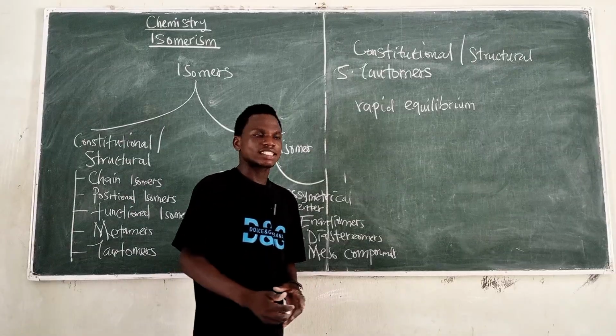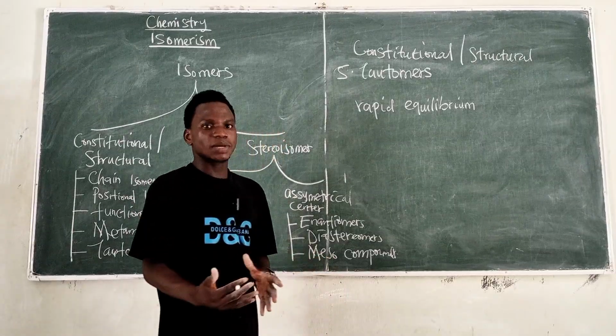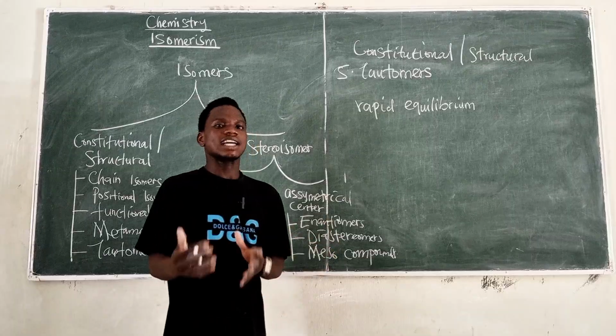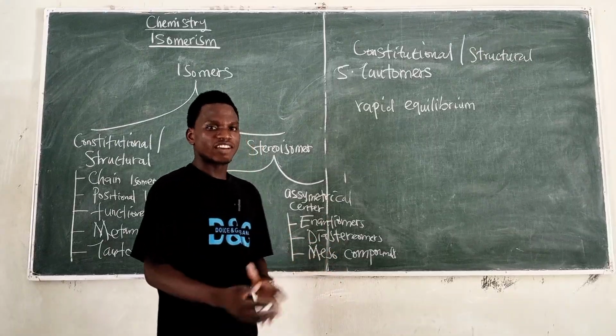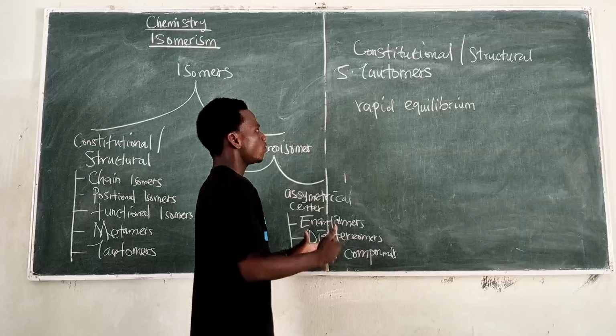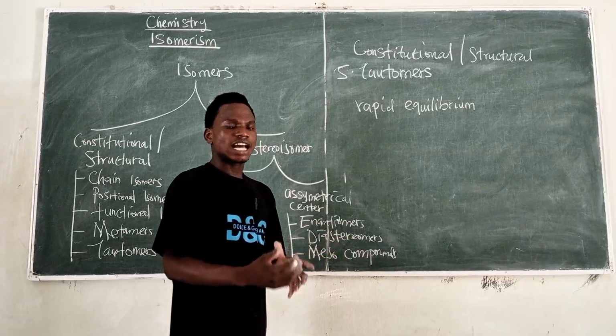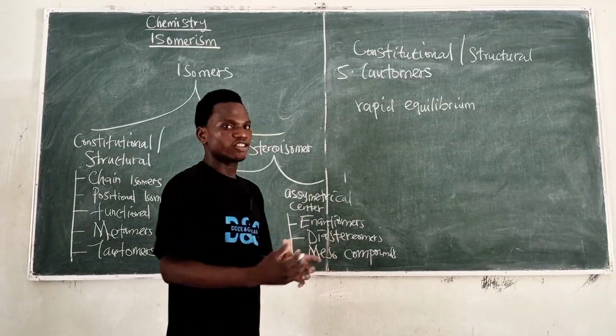That is to say that the two isomers can flip back and forth into each other very fast by moving a hydrogen atom and shifting a double bond.